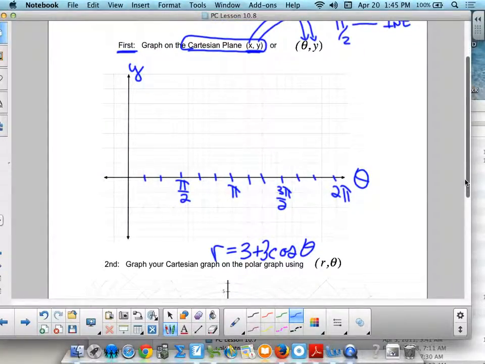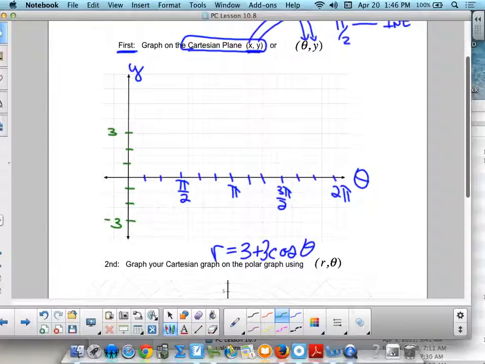Okay, now I'll graph it. Amplitude was 3, up 3, down 3.